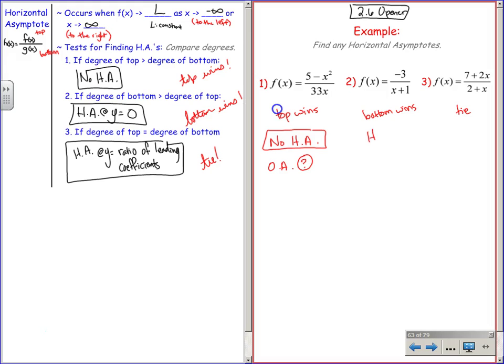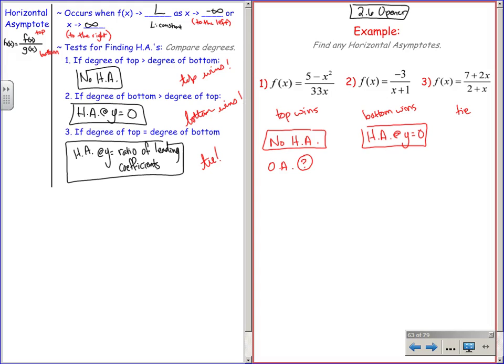What's my horizontal asymptote? Whenever the bottom wins, you're going to divide, divide, divide, divide, going to 0. You're never going to actually get there, mathematically speaking, as x goes to infinity or negative infinity, but you're getting closer and closer and closer and closer. There's a thing called Zeno's paradox, but we'll talk about that some other day.